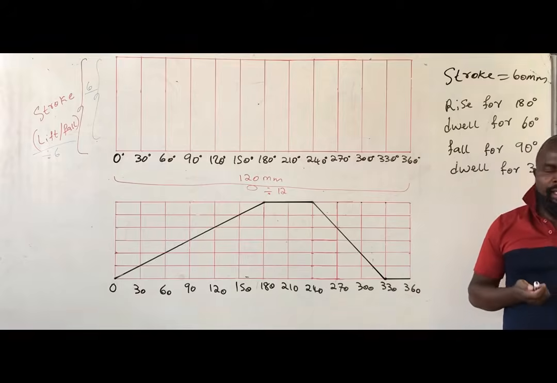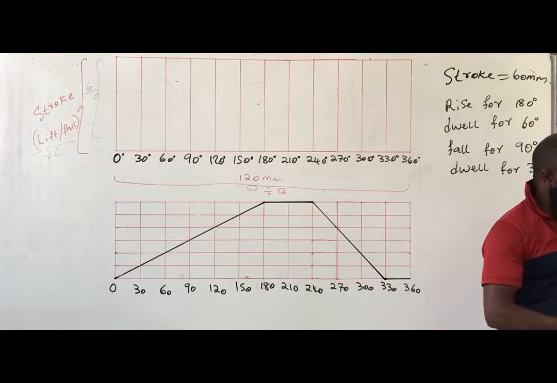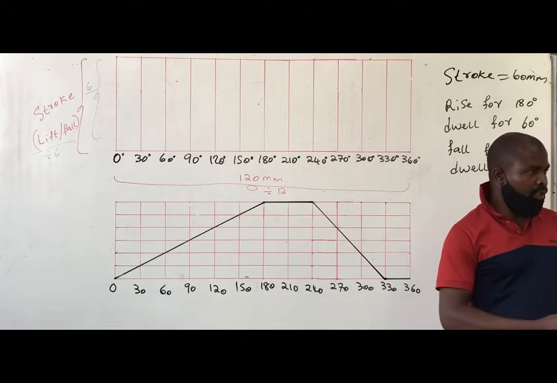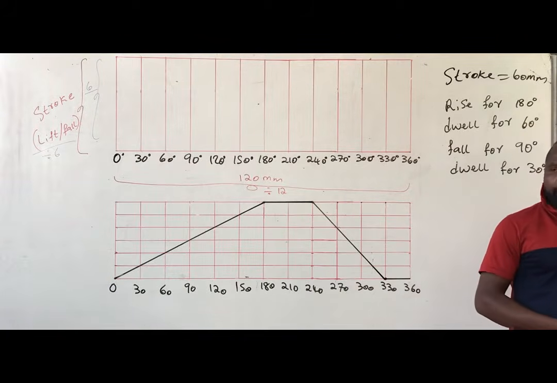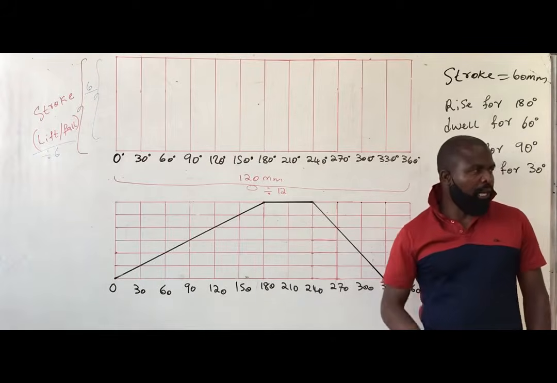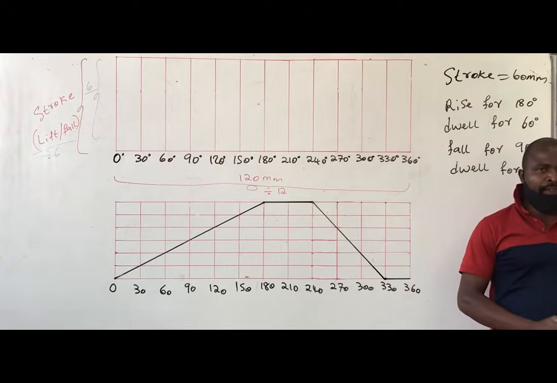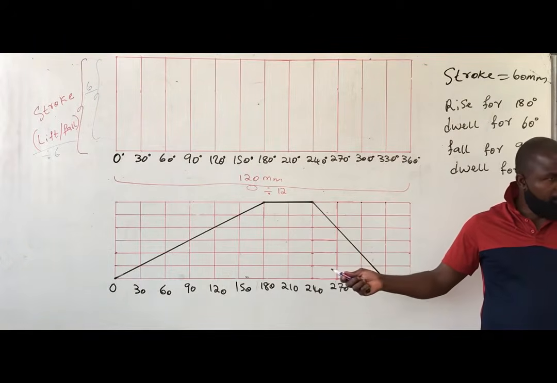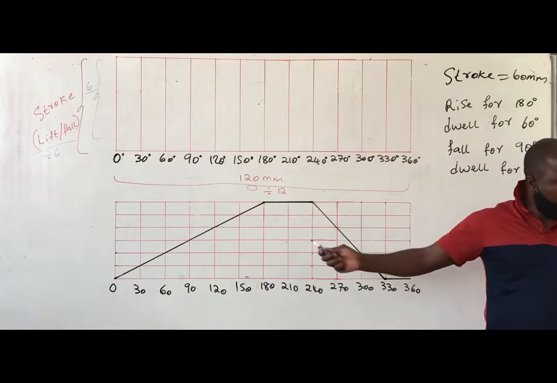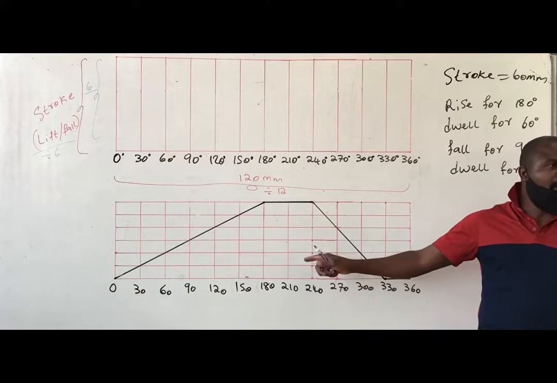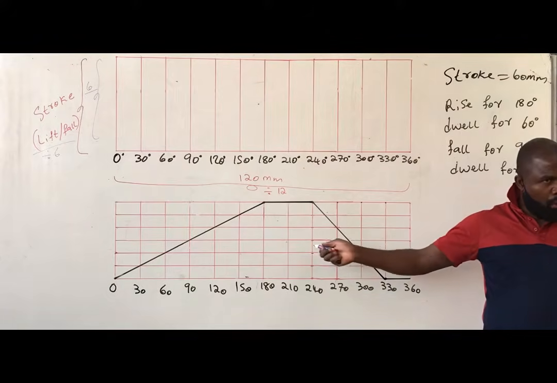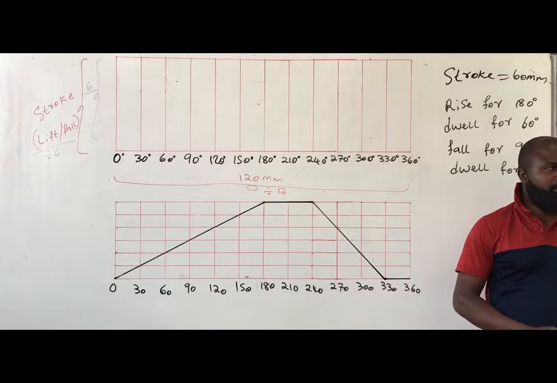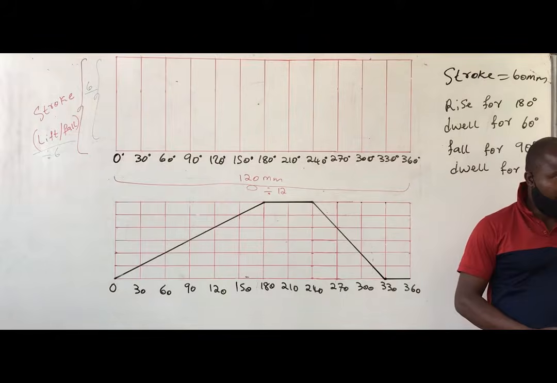If the question says draw constant velocity, or the motion is a constant velocity, you're done. But if they say draw uniform acceleration, you first draw this one, but you are not done. You still need to continue on this one. Do you understand that part?